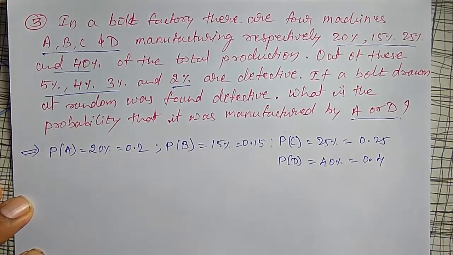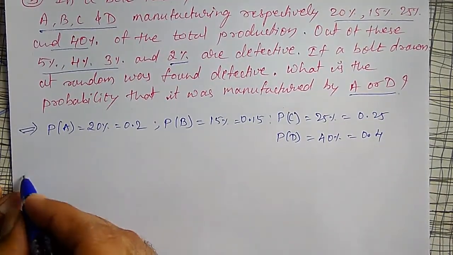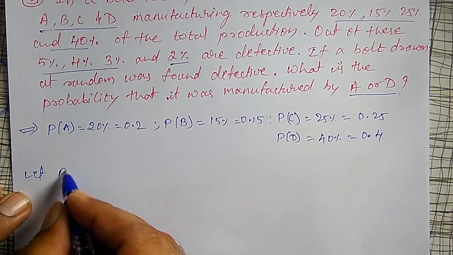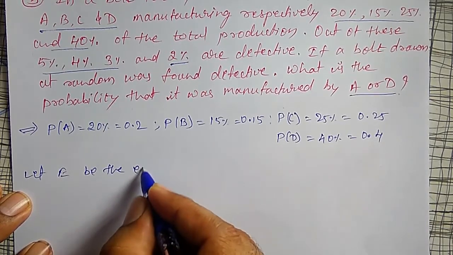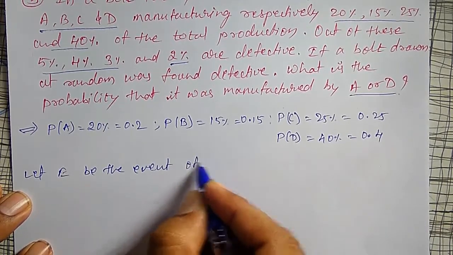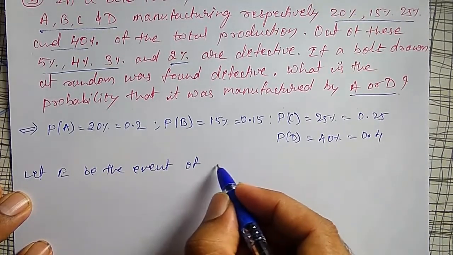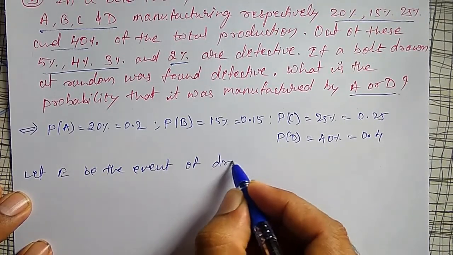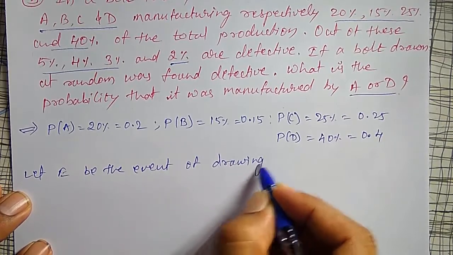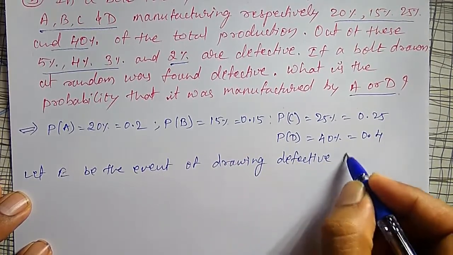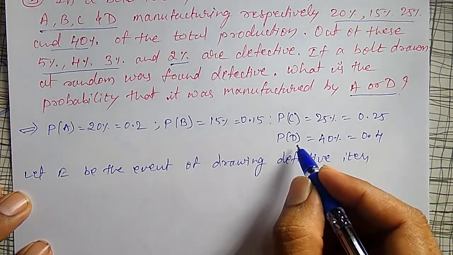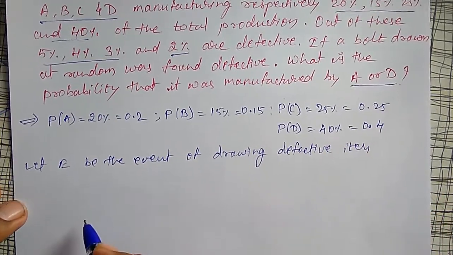If you add them, total equals 1. And let E be the event of drawing a defective item, because D is already one more machine, that's why I am selecting E.